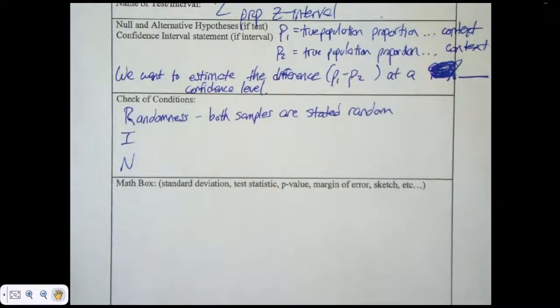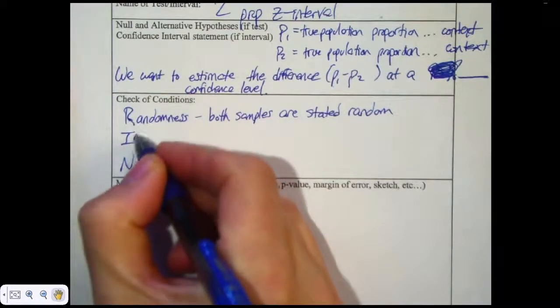Independence is a little bit of a different deal. So we've got these two samples, right? What has to be true is all the people in this sample have to be independent from each other. All the people in this sample have to be independent from each other. And this sample has to be independent from this sample. So you got three things. So I'm going to write independence.